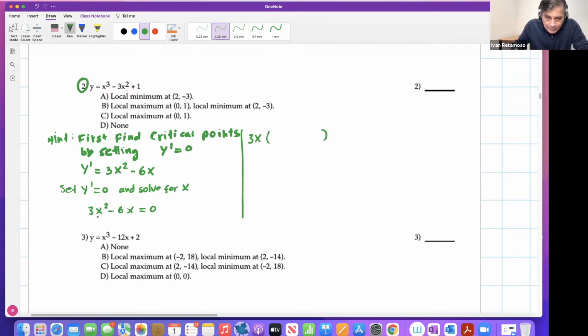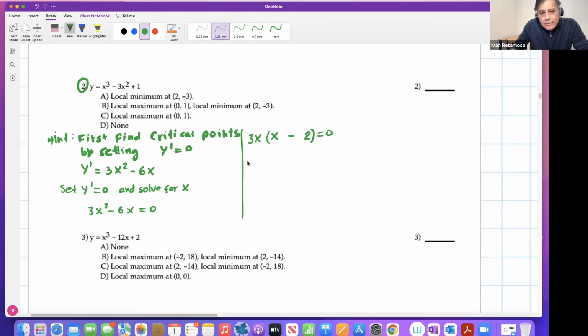Now 3x into 3x squared, 3 into 3, 1, x into x squared, x, minus 3x into 6x, 3 into 6, 2, x into x, they cancel, right? Just 1. So this is the result of factoring, right? Good. So now this is equal to 0.